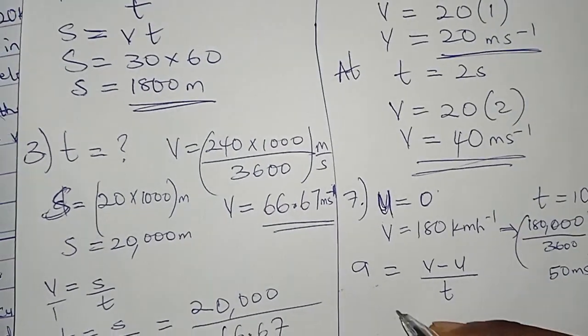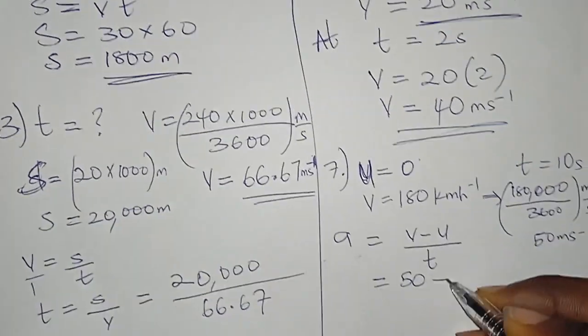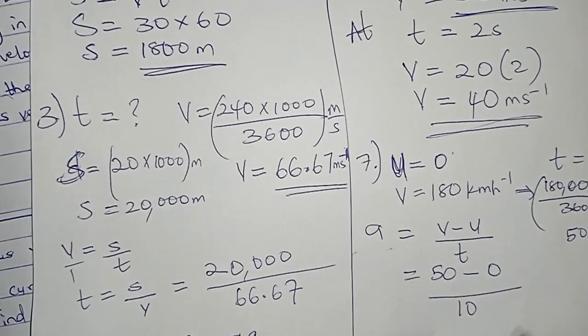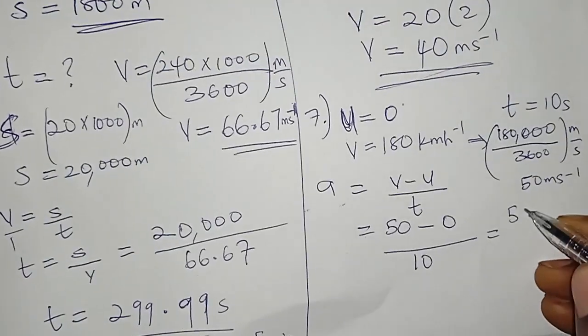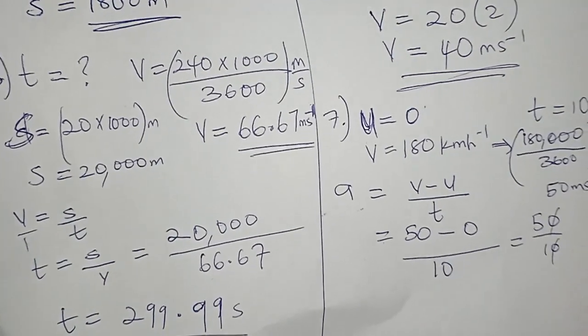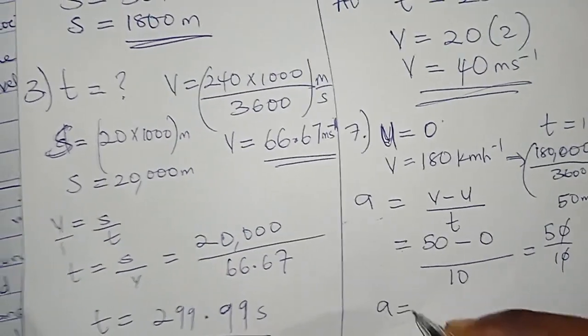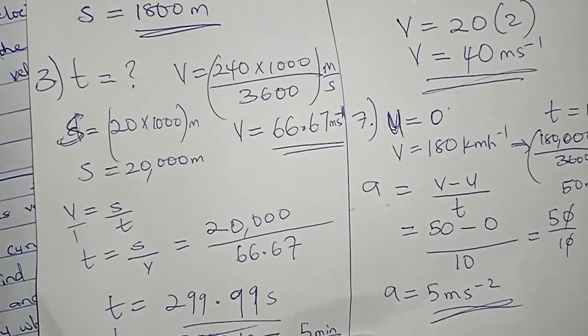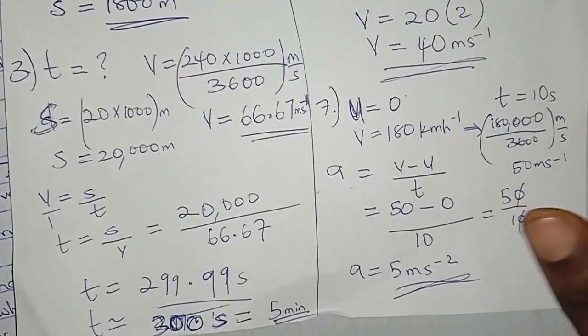So this is 50 minus 0 all over 10 seconds, which is 50 over 10. So our acceleration is 5 meters per second squared. Let's move to question 8.